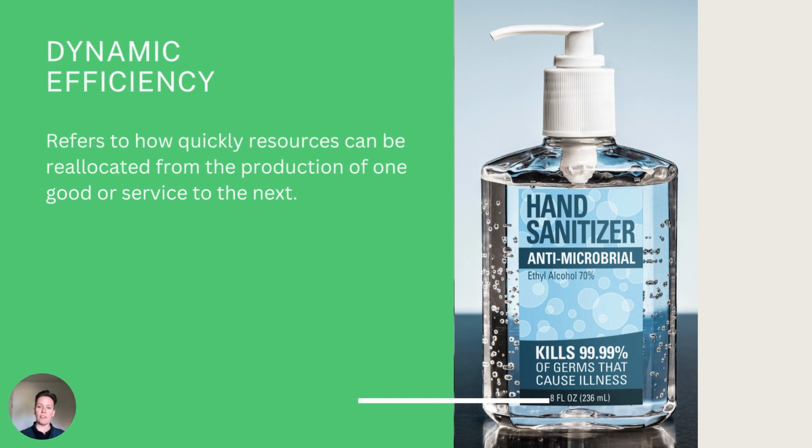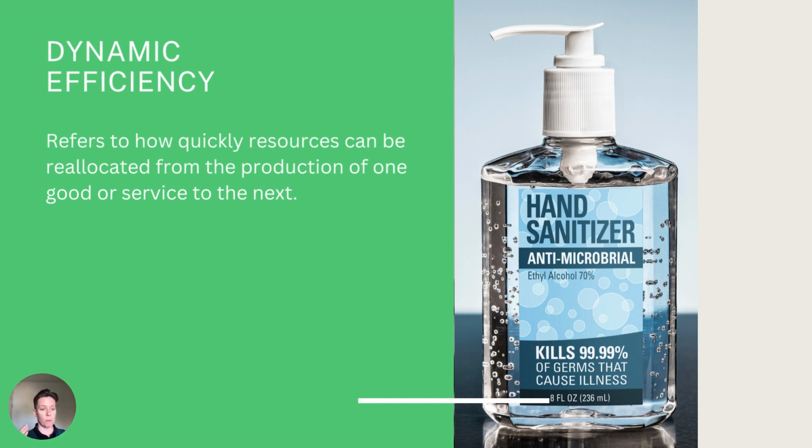I've included an image here of hand sanitizer because I want to comment that during the pandemic, many distilleries that would ordinarily have produced spirits changed tack and started to produce hand sanitizer. Hand sanitizer was a pretty popular product throughout the pandemic. It still remains quite a popular product relative to pre-pandemic levels. But during the pandemic, we experienced shortages of hand sanitizer, right? And so that drove up the price.